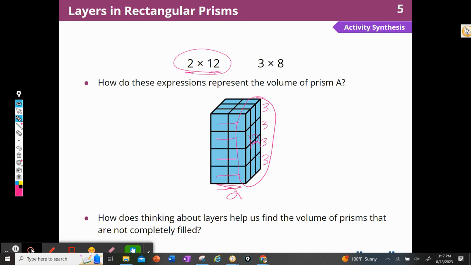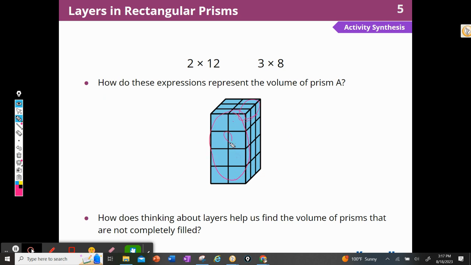2 layers of 12. Then it says, how is 3 times 8 represented by this? Well, let's look at it again. 3, I see 3 here, and 8. Where do I see 8? 2, 4, 6, 8.